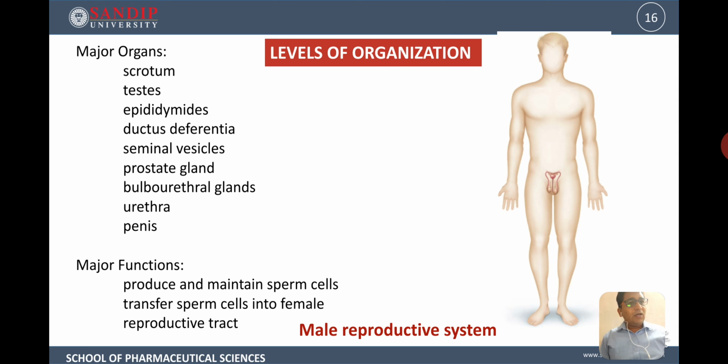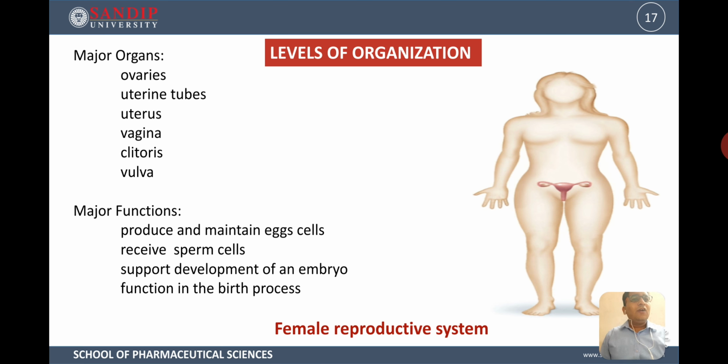Major function is to produce and maintain the sperm cells. Now you are mature enough, so you understand the male reproductive system. It transfers the sperm cells into the female reproductive tract, with the help of the ductus deferens, the tube from where the sperms are transferred.